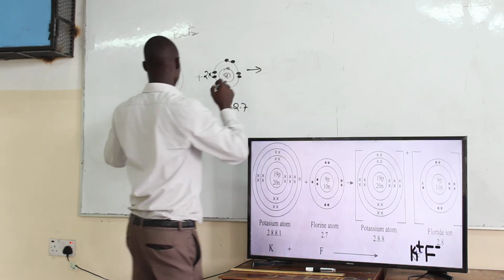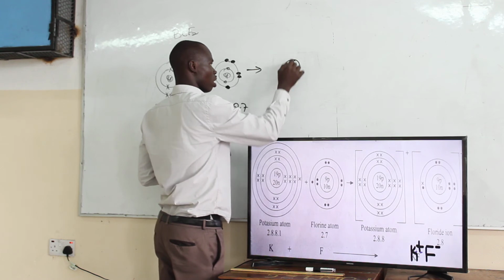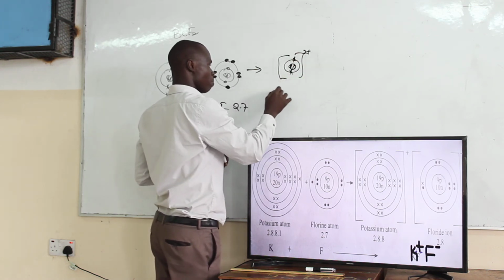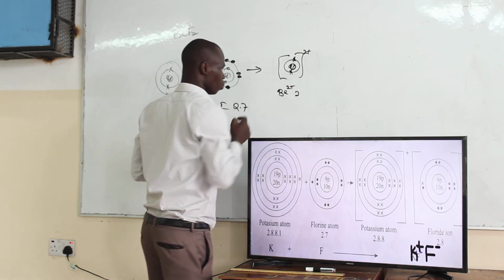So beryllium, after losing these 2, will become beryllium 2 plus.